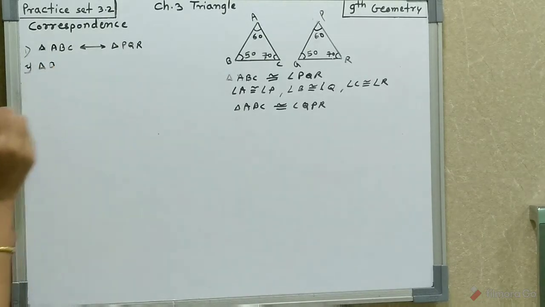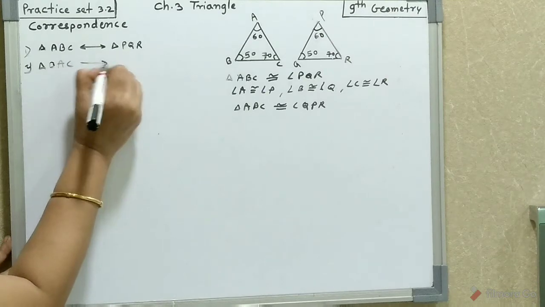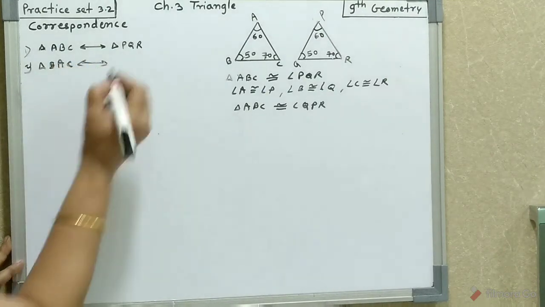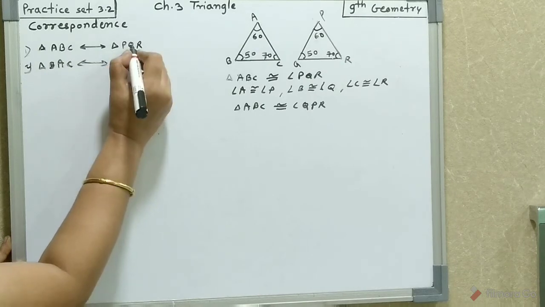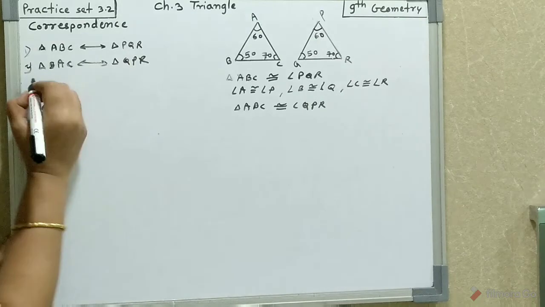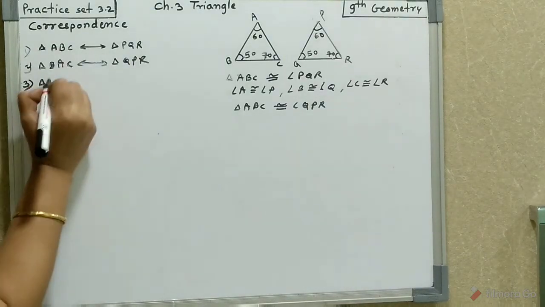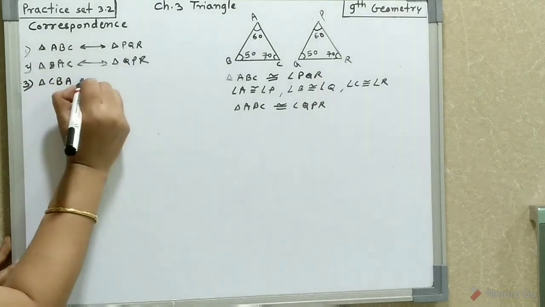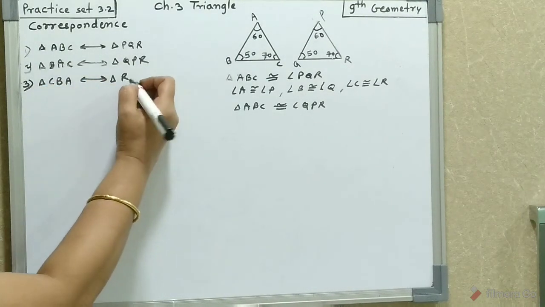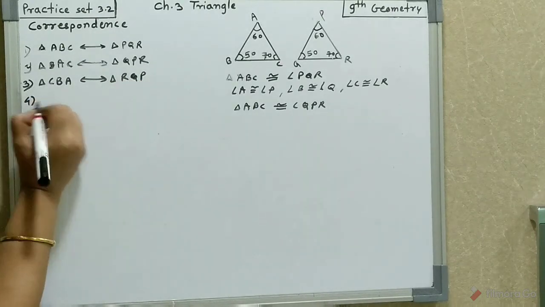So I write here BAC, then we take the second letter first here, QPR. Okay. Now what is the third? We take the letter C first. So CBA, here again corresponds to RQP. Okay. Now the fourth one.